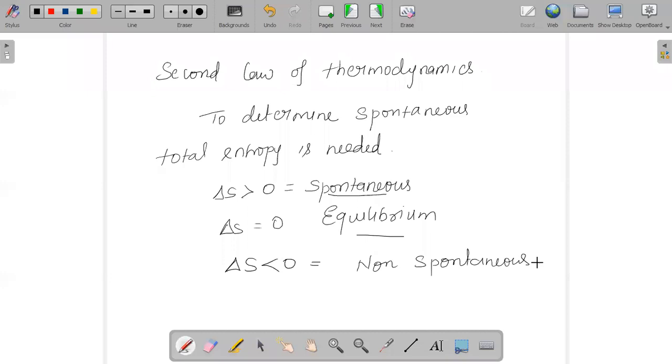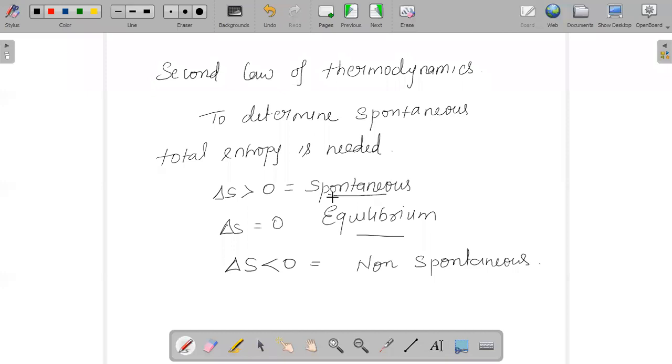If we ask what S total is, or what total entropy is, it is the sum of the entropy of the system as well as the surroundings. And the factors which can affect the entropy are the mass, molecular structure, temperature, and pressure.